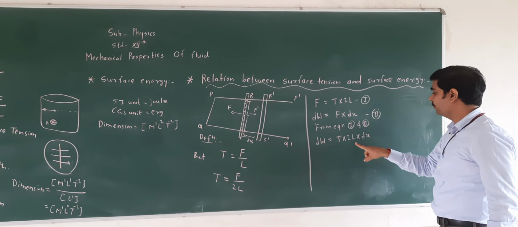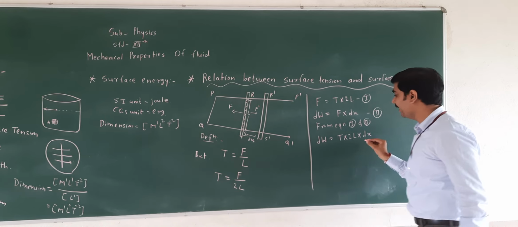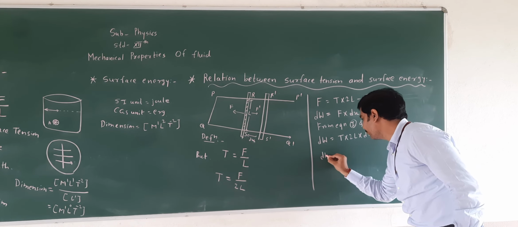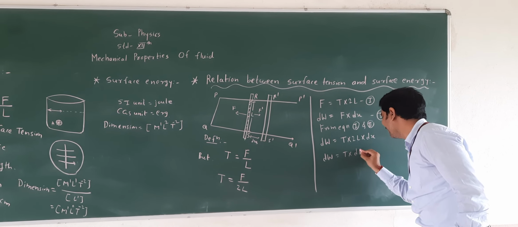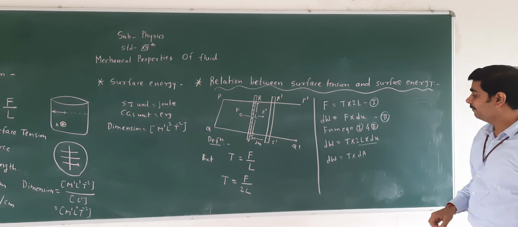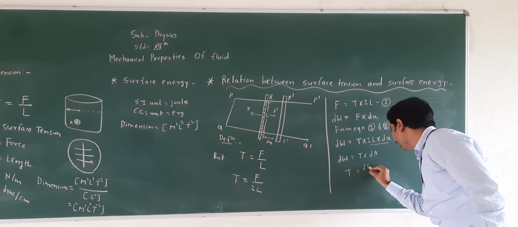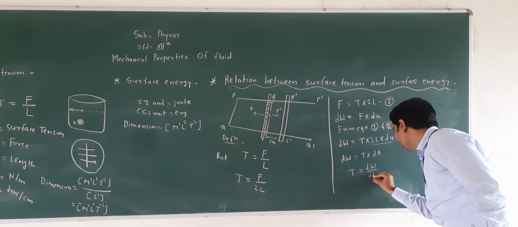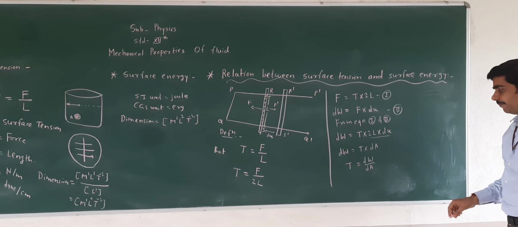2L into dx is length into breadth, that is nothing but the area. So dW is equal to T multiplied by dA. So 2L into dx gets replaced with dA. So we can write T is equal to dW by dA. So surface tension is equal to work done per unit area.